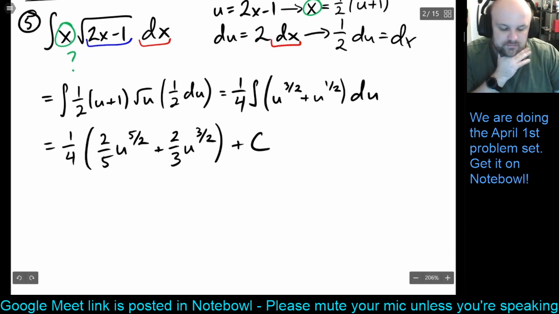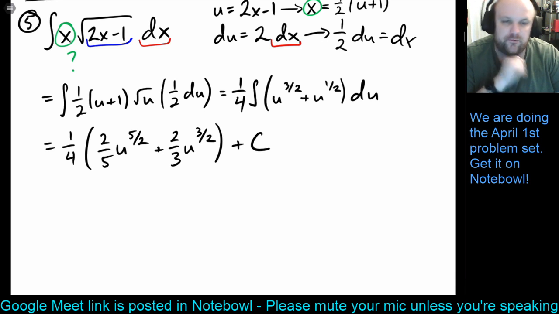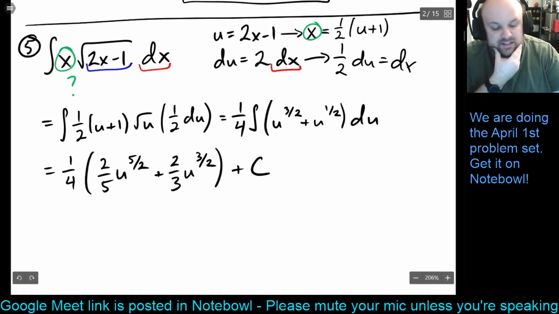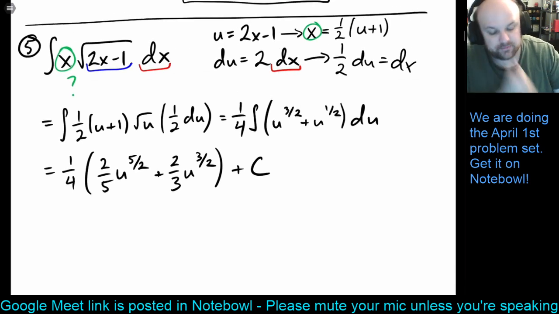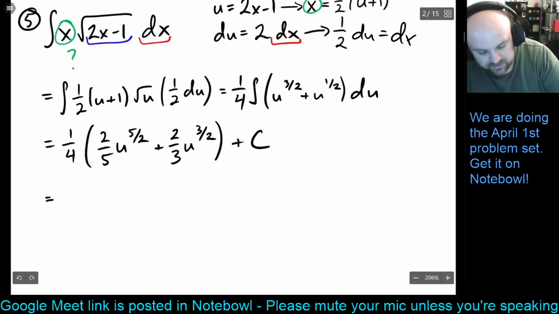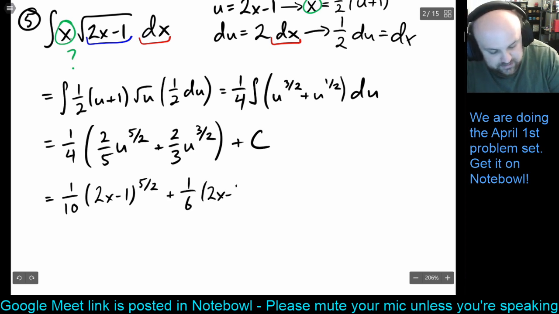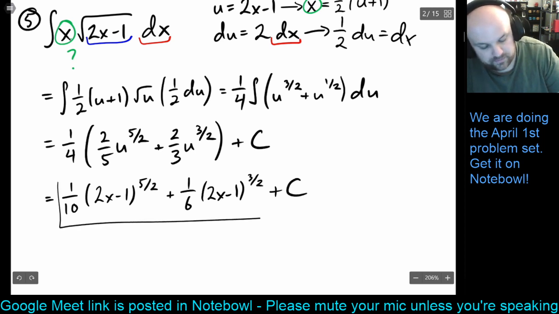And then, we'll distribute in this 1/4, and let's also replace u with 2x minus 1 again. So distribute that. This will be 1/10 (2x minus 1) to the 5/2, plus 1/6 (2x minus 1) to the 3/2, plus c. There we go.